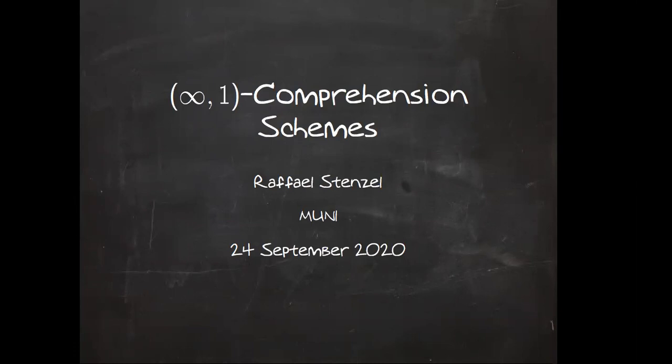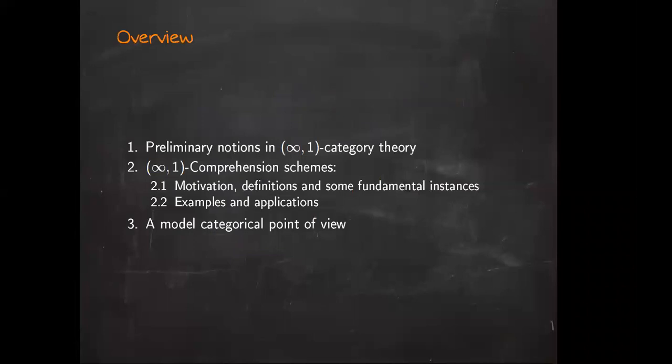We will lift this notion and all the applications, and even more applications and examples, to the world of Infinity One categories. So the idea for today is, first of all, just set up the necessary notions. Comprehension schemes will be properties of fibered infinity categories.